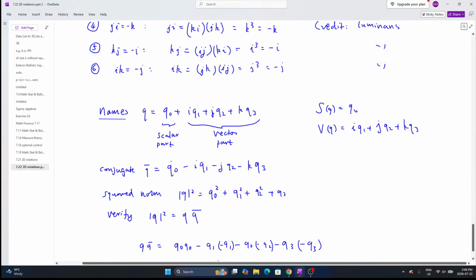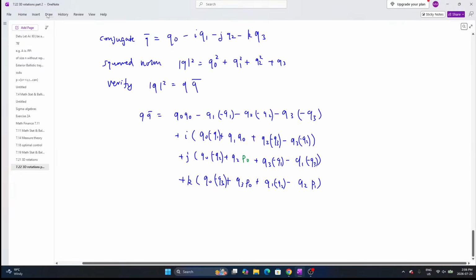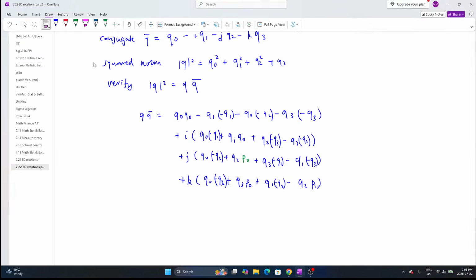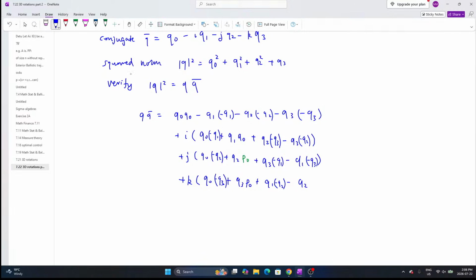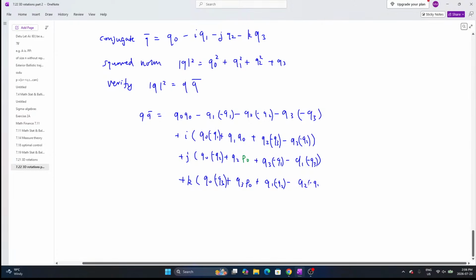Right? So remember, today our goal is to introduce two formalisms for 3D rotation. We did one already, which is 3D rotation matrix, aka the Rodrigues formula. And now we're getting into quaternion. So now we're still in the basics of quaternion algebra, just to familiarize ourselves with the rules of quaternion.